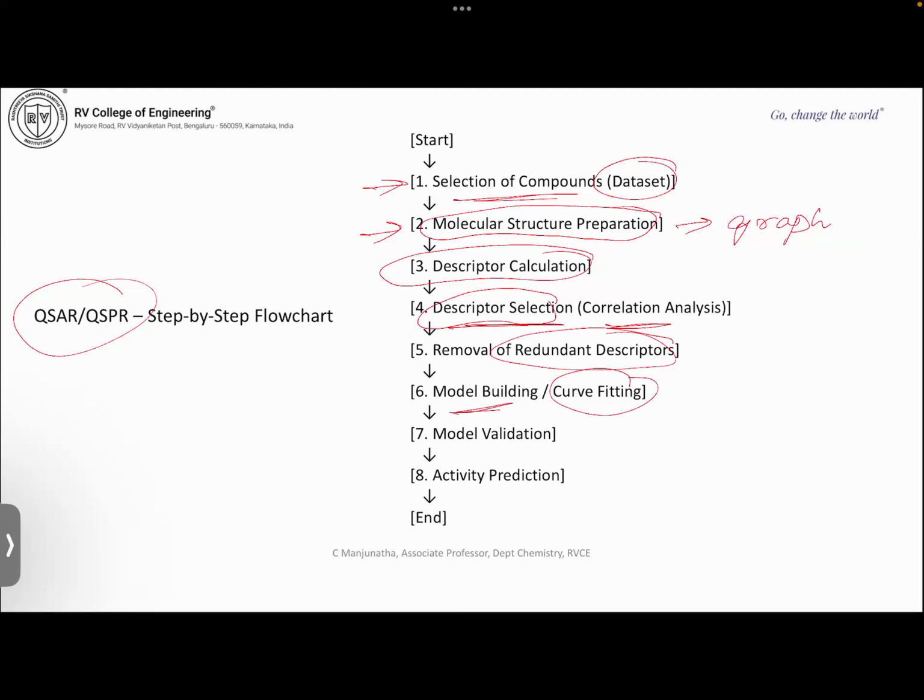The seventh stage is the model validation. Then once the model is validated, the activity or the physical property of the material is predicted. So these are the various stages involved in QSAR and QSPR studies.